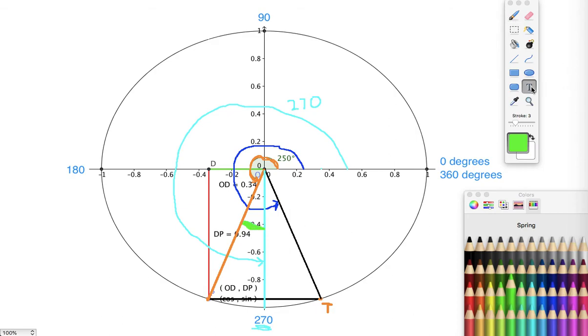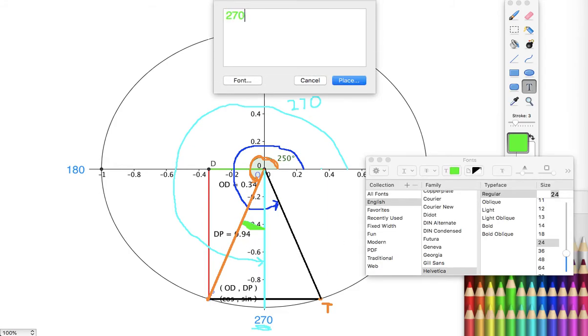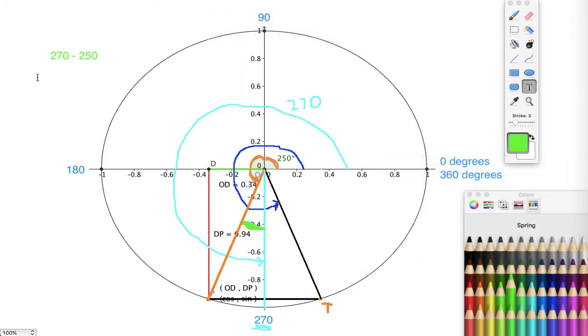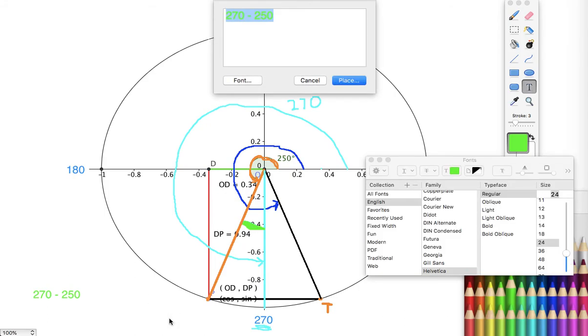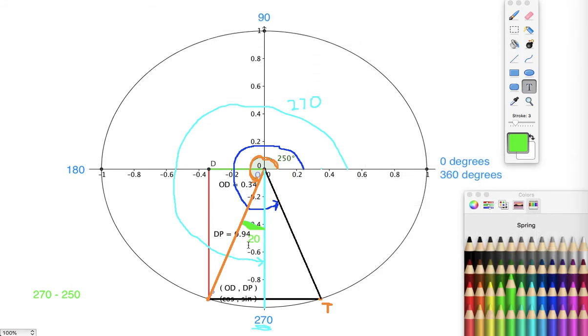So that distance right there is equal to 270 minus 250, or 20 degrees. I know the distance from this orange line to this blue one is 20 degrees, and that's going to be equal to this distance over here. That will also be 20 degrees.